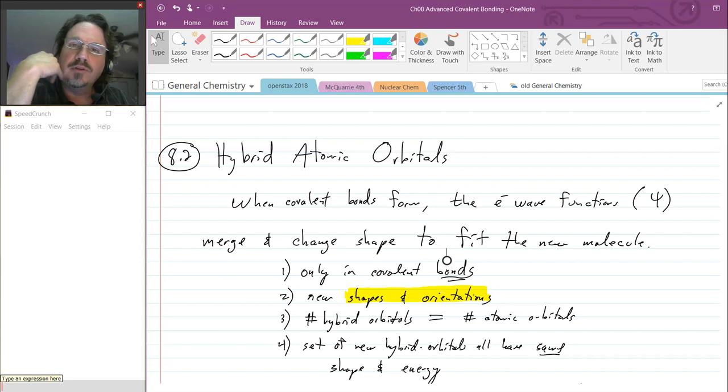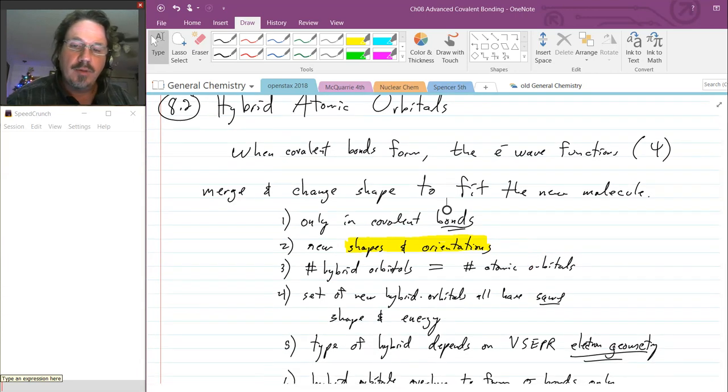For a linear molecule I'm going to need 2 orbitals with the correct geometry, which means I have to take that central atom and use 2 of its atomic orbitals, massage them, bend them, squeeze them, hybridize them together to get the correct geometry orbitals. So that's the overall picture, and we're going to go through the steps that lead to that one by one.